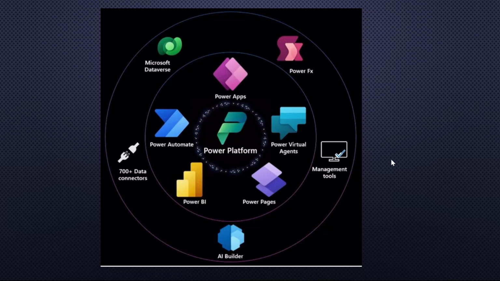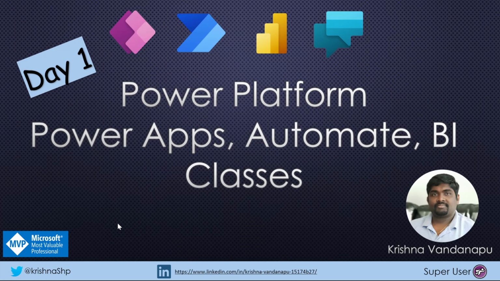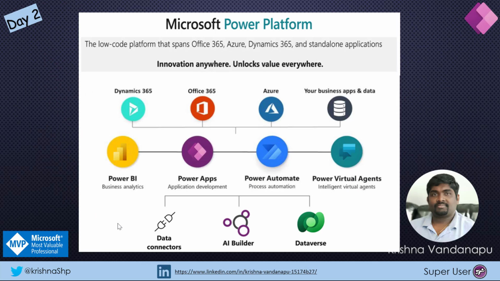If you notice the screen, we got a new icon for Power Platform. Earlier we did not have this icon; we had a different icon as a circle. And we got a new icon for Power FX and a new icon for AI Builder. If you try to recall our previous class, AI Builder had this icon, correct?